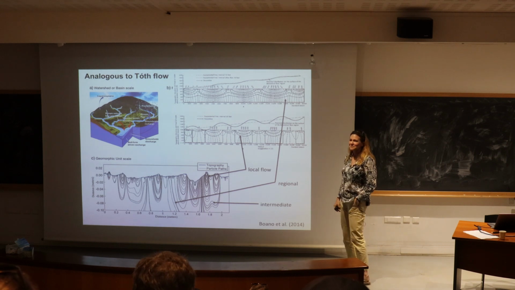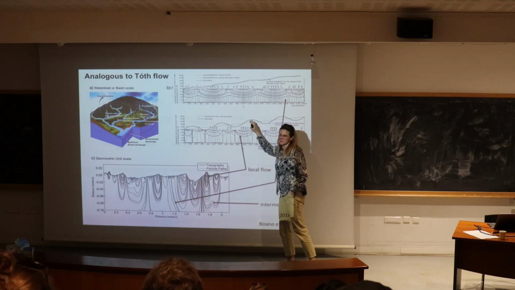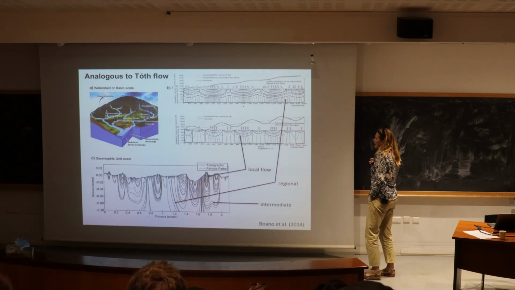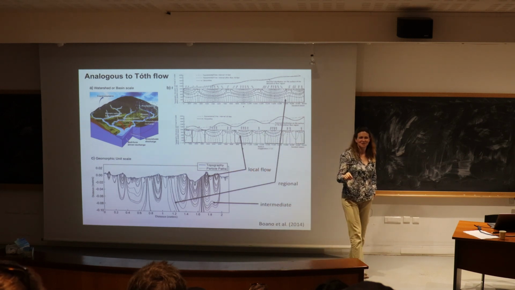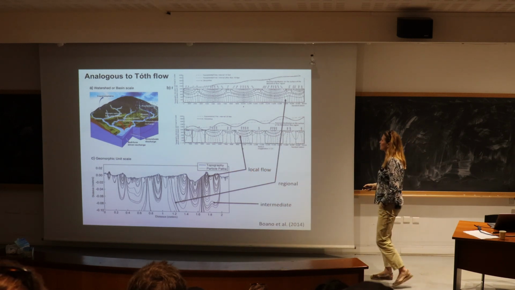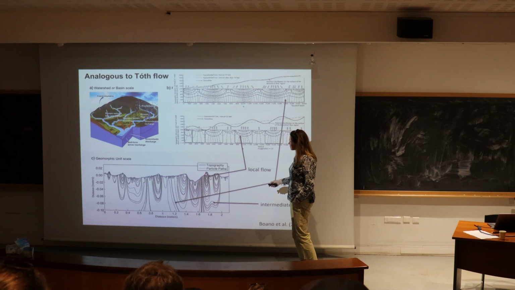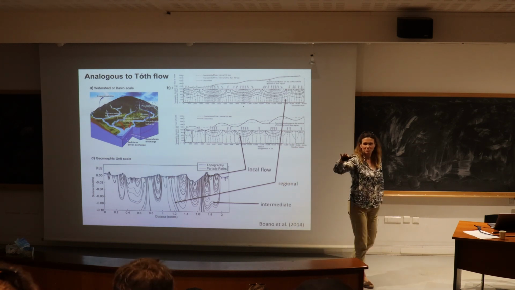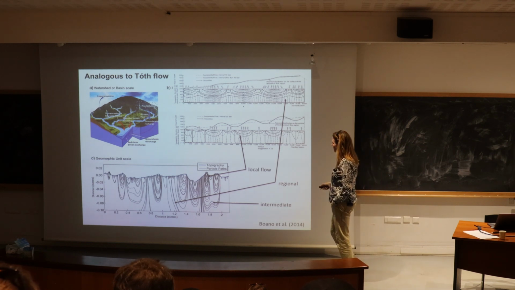And Camille, I believe it was, started us off thinking about Toth type of flow through landscapes a little over a week ago now. I like to think of the hyporheic zone as essentially like a mini Tothian flow problem, where you have some scales of local mixing or local flow that goes through smaller roughness elements in the riverbed, and then you have deeper flows that connect up multiple different features in a riverbed, and what's essentially regional flow in the Toth system.